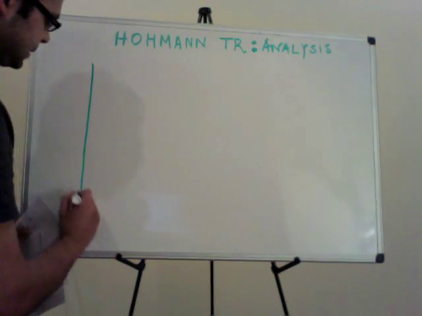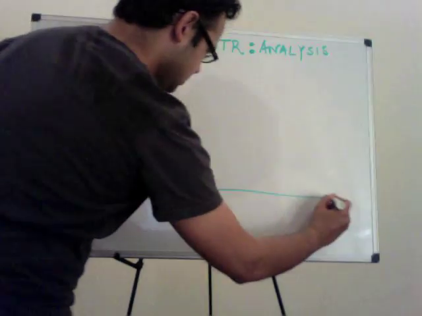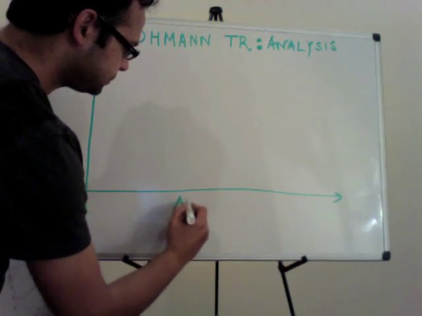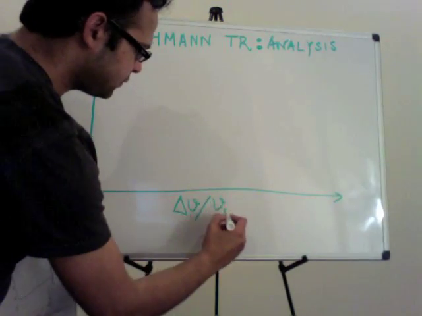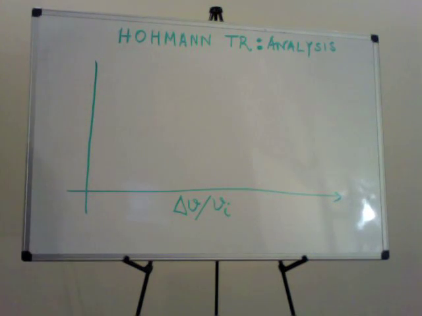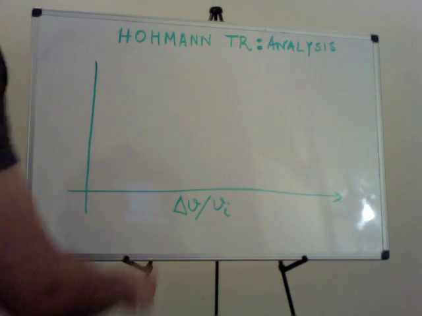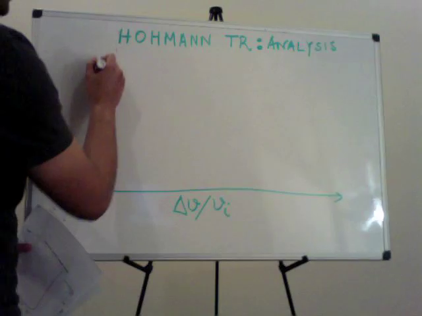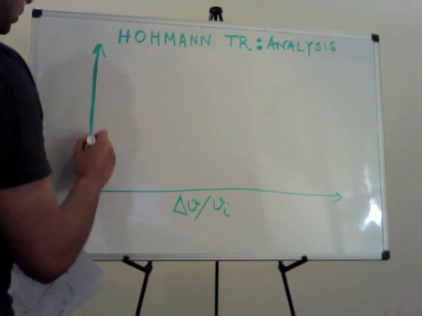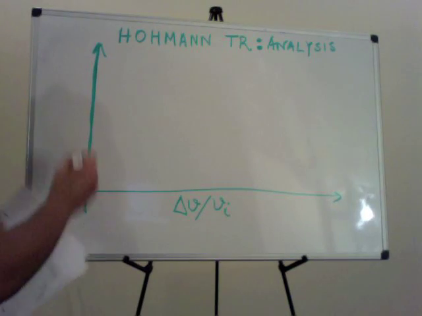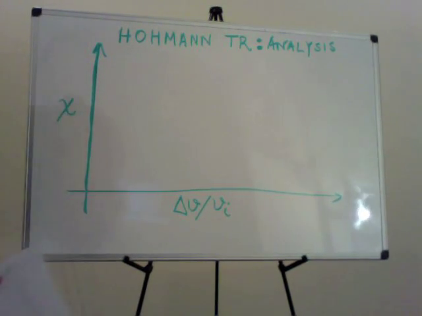On the x-axis, I have delta V over Vi, so I have delta V as a ratio. Essentially what I'm doing is removing the effect of Vi. That's my independent variable. Then on the y-axis, on the left, I have chi.